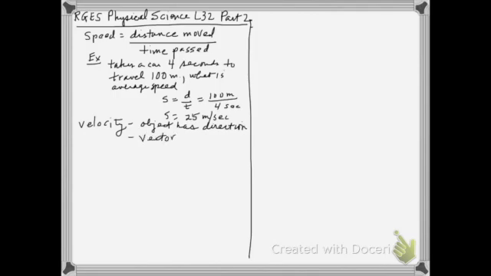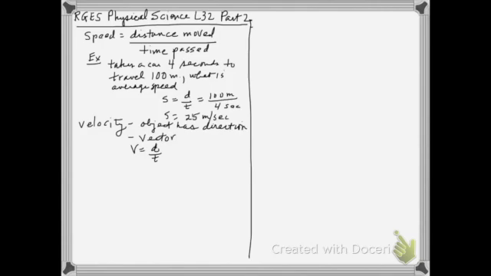Okay, so it's a vector problem or a vector concept. So velocity is equal to the distance divided by the time, and it's worked much like speed.